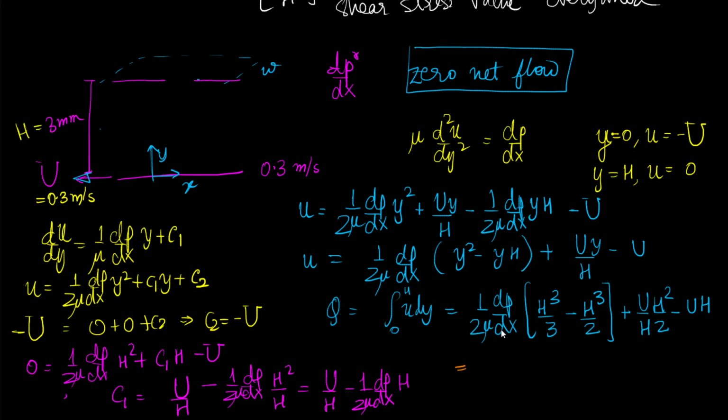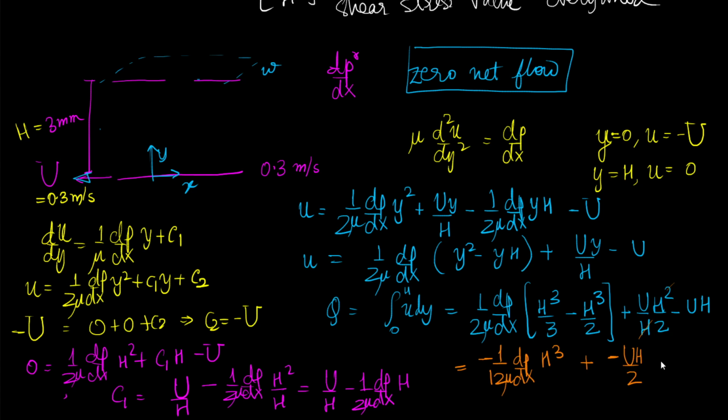So this is equal to minus 1 upon 12 mu dp dx h cube, plus Uh upon 2 minus Uh, so this is minus Uh upon 2.